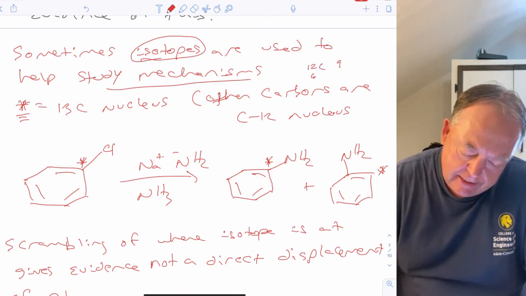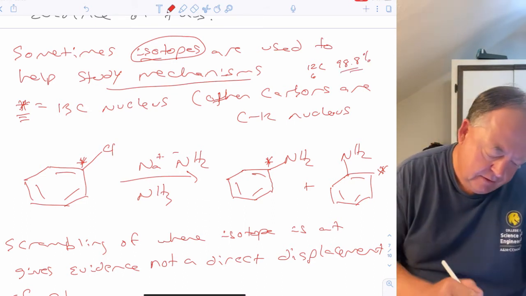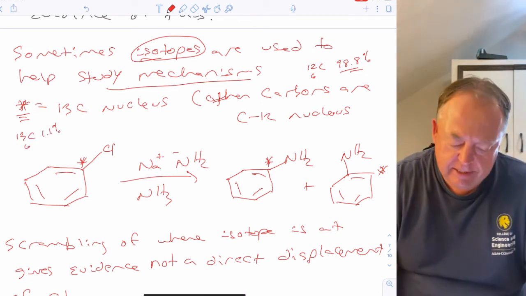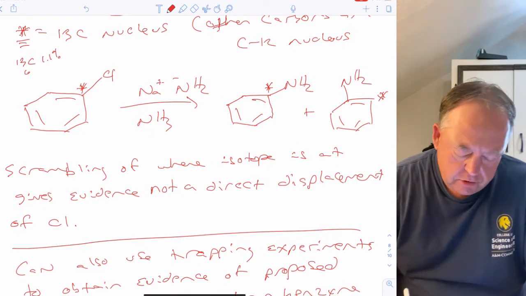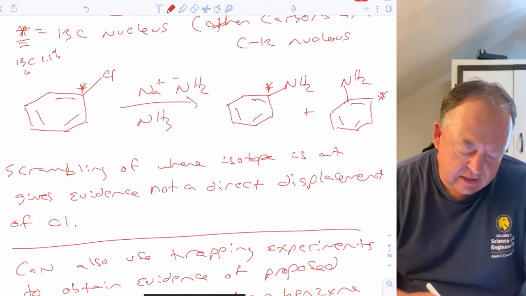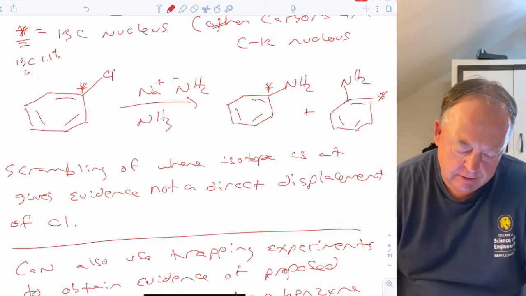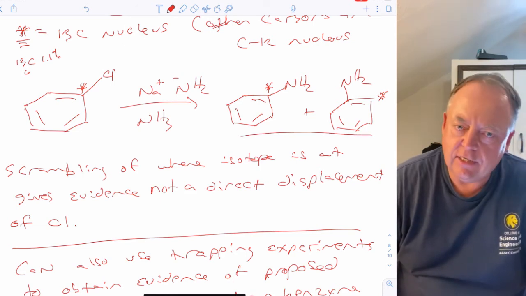So that's about 98.8% in nature, and there's only about 1.1% carbon-13 in nature. So all of these other carbons in benzene would typically be carbon-12. So if you synthesize one that's got a carbon-13 there with a chlorine attached and then did this reaction, you should recognize you'll get two different products. So you'll get isotope scrambling.